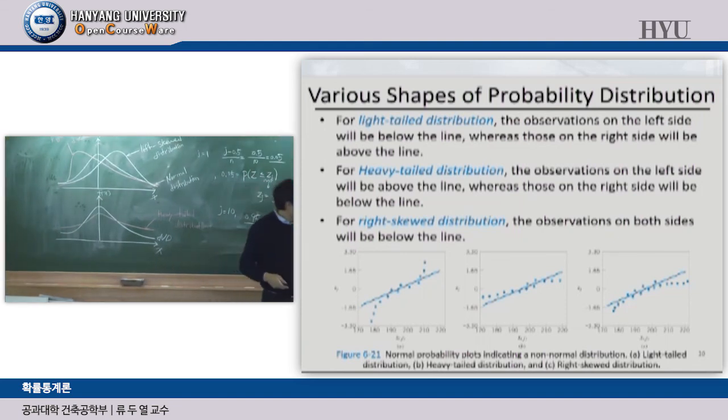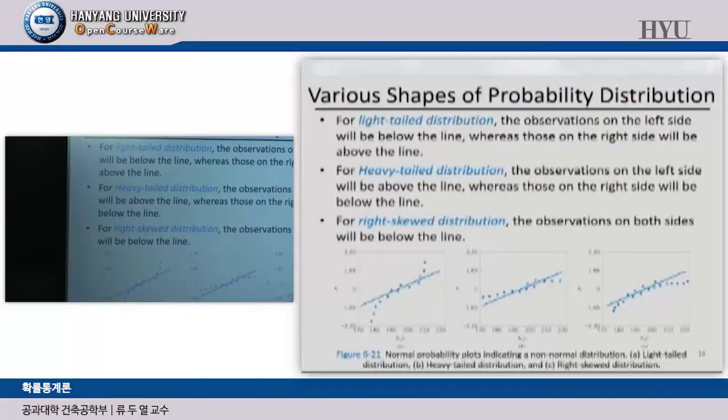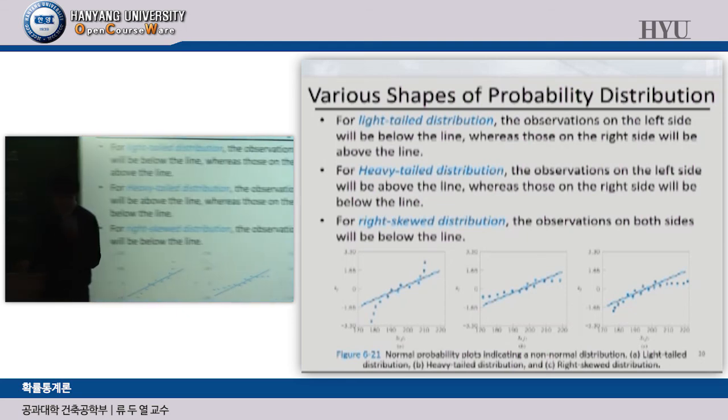If the left and right observations are above the straight line, we can have this kind of left skew distribution.